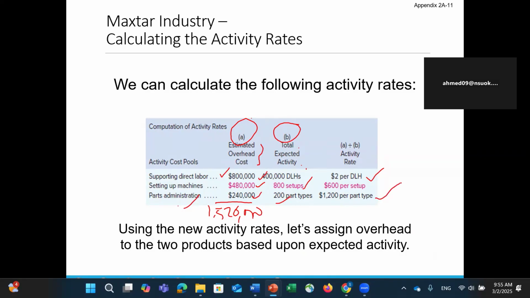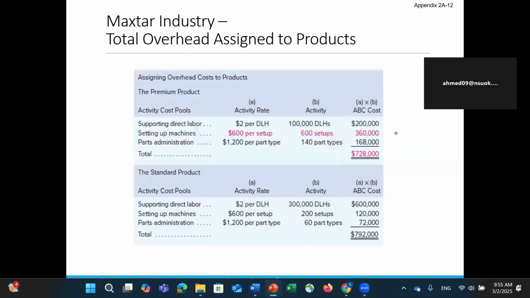Once I have that, what do I have to do? You have to calculate the rates, which we did here, the activity rates. And then after that, you have to calculate and assign overhead to the product. So how are we going to assign? We will separate the premium and the standard.